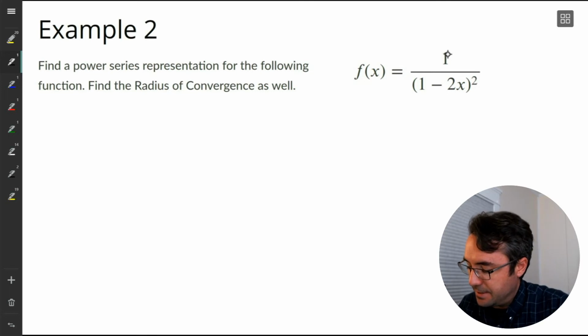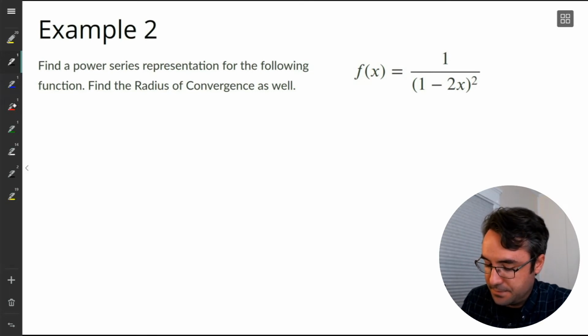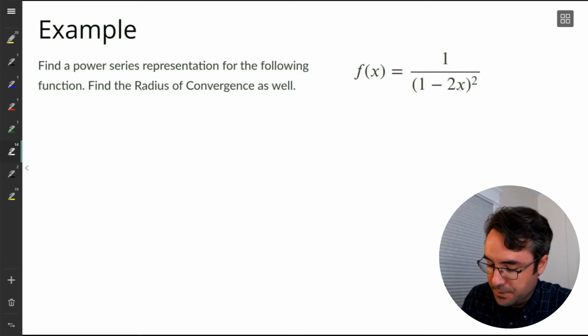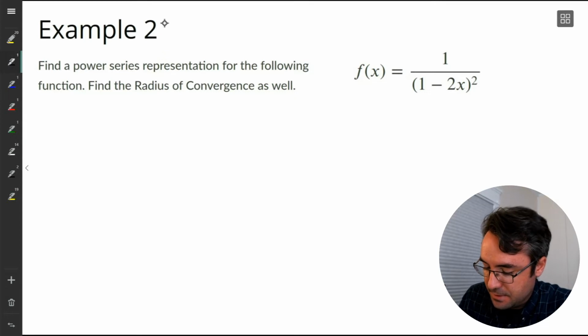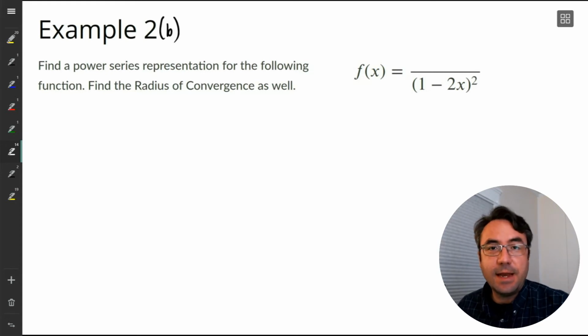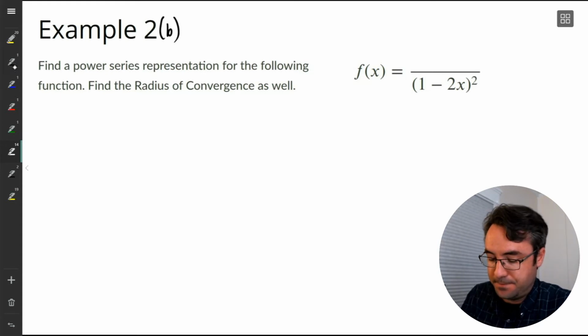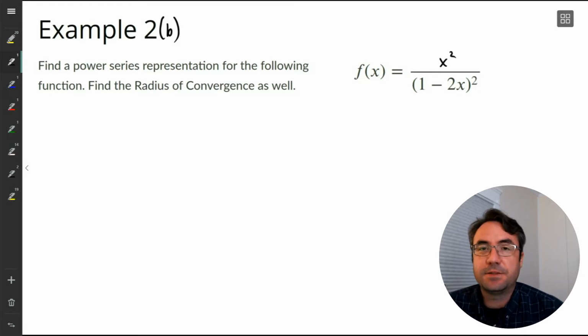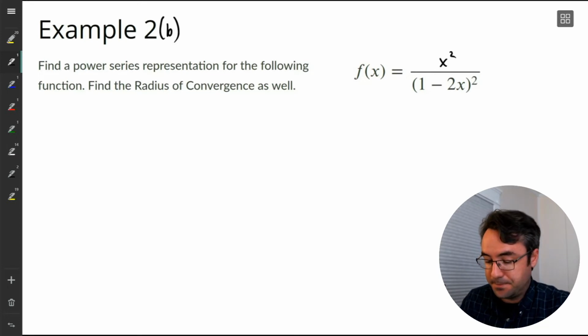Let's say we had x squared. So instead of, let's call this example 2, call it 2b, I guess. And so instead of a 1 on the top there, let's say we had x squared. So we're looking at this function x squared over 1 minus 2x squared.